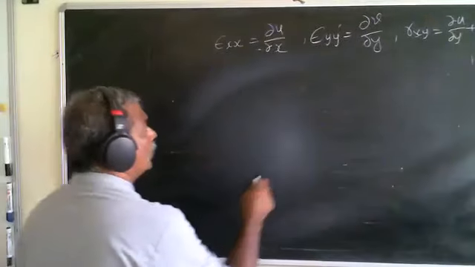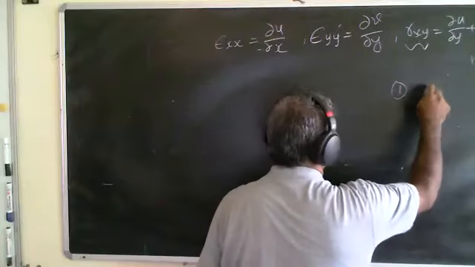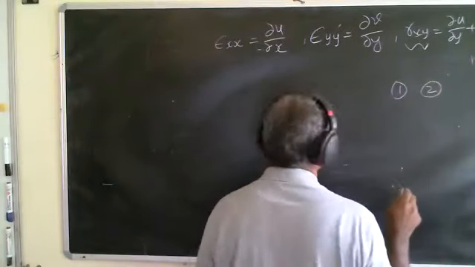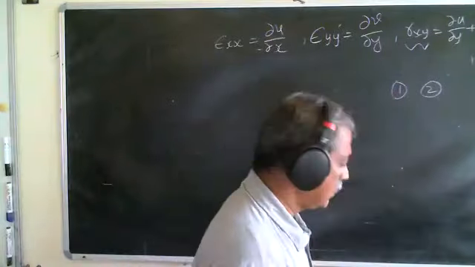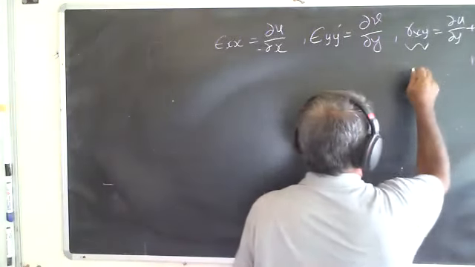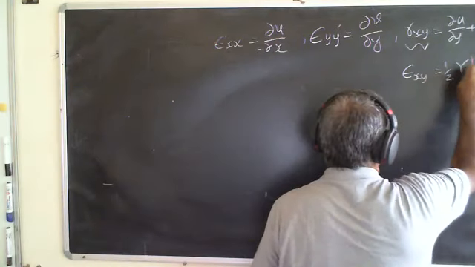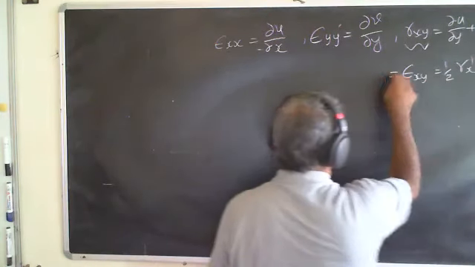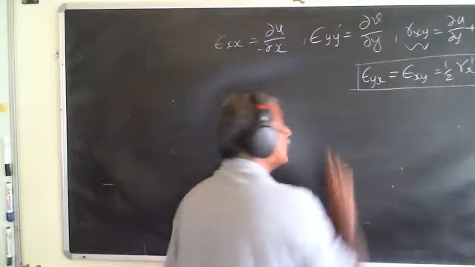Now, I have taken it in such a way that the angles 1 and 2 that we have, we made them equal by the slight rotation that has already occurred, which means that epsilon xy is half of gamma xy. It is also equal to epsilon yx. So we did a symmetrization.